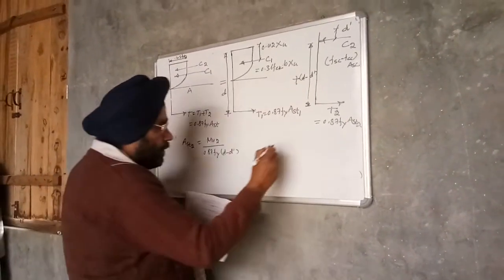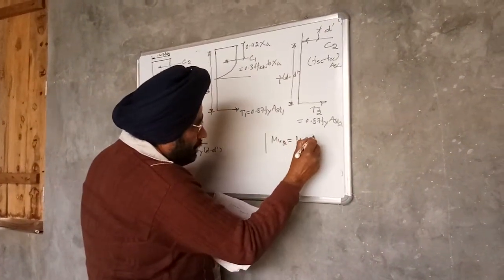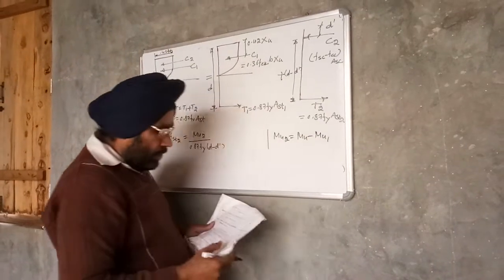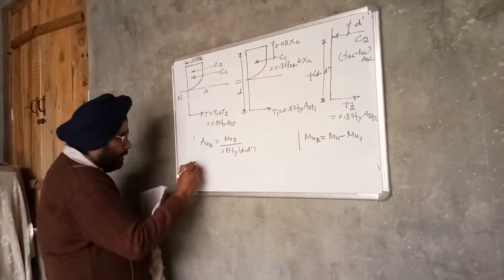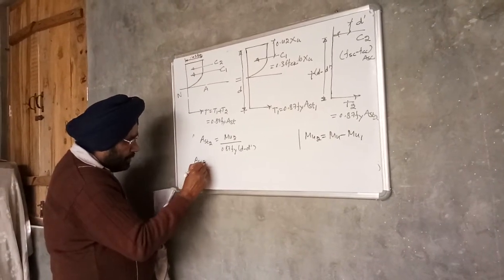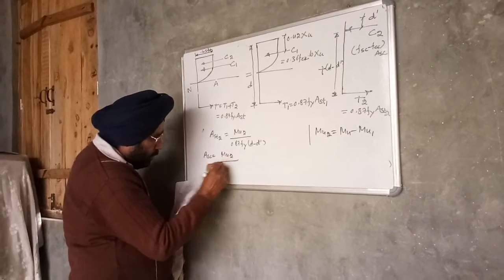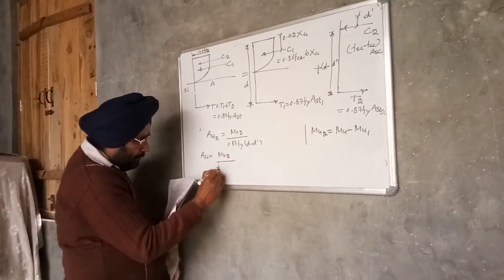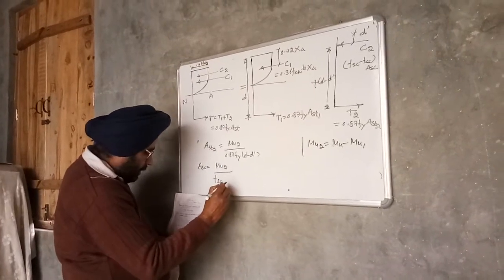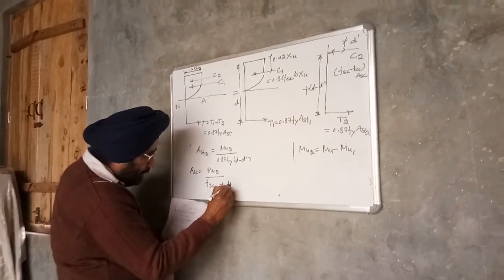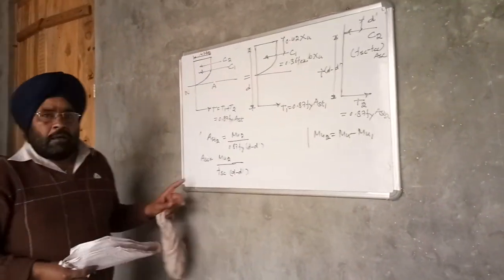Mu2 is equal to the total moment minus the moment of resistance of the singly reinforced section. Then Asc is the area of the compression steel, which is equal to Mu2 upon fsc into (d minus d dash). Thank you.